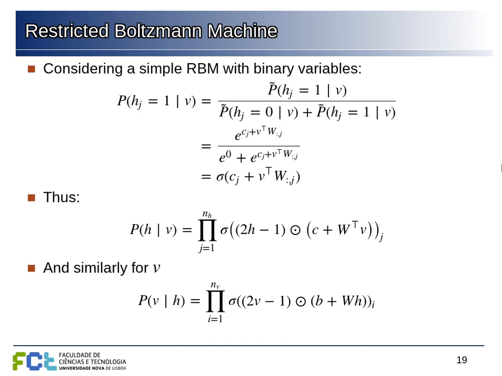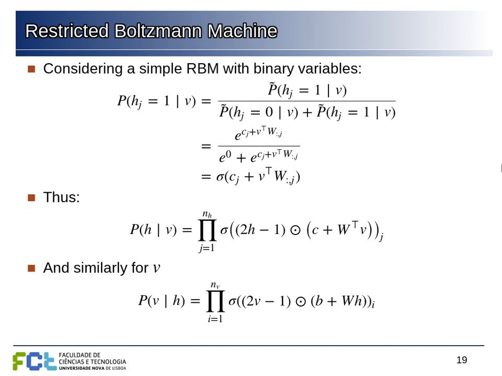Since the unnormalized probability function is e raised to the energy that we have there, the unnormalized probability of the value being 0 would be just e raised to 0, because this would have a 0 value on the energy term here. This e raised to 0 is 1, so we have e raised to something over 1 plus e raised to the same thing.